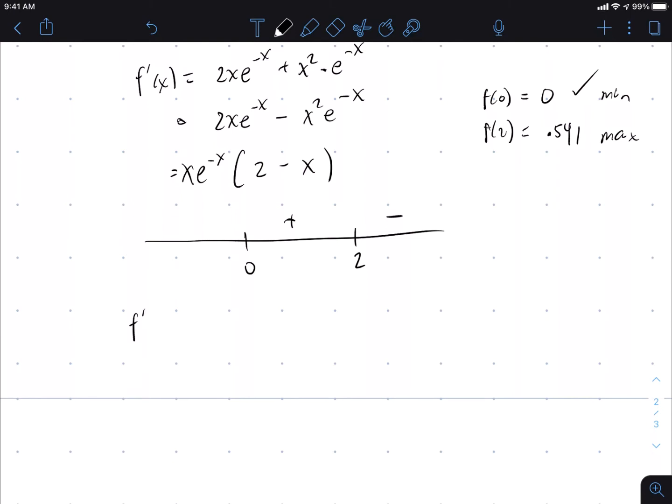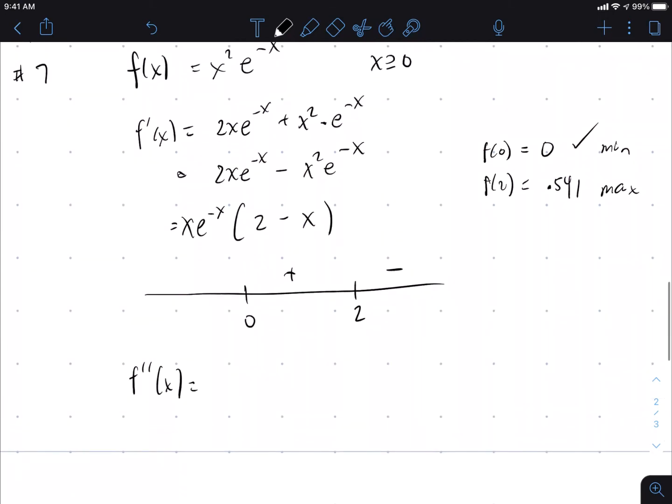So then the second derivative is going to be, we're going to use this guy to do it. Okay? So I'm going to get 2e to the negative x plus 2x negative e to the negative x minus 2x e to the negative x plus x squared e to the negative x.